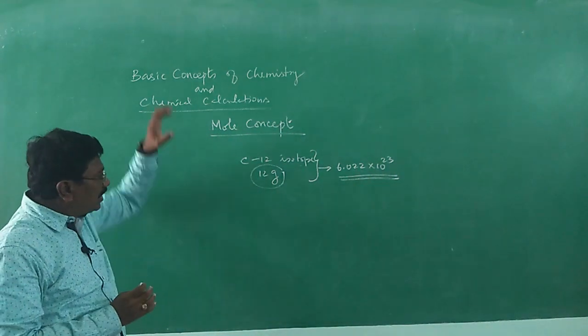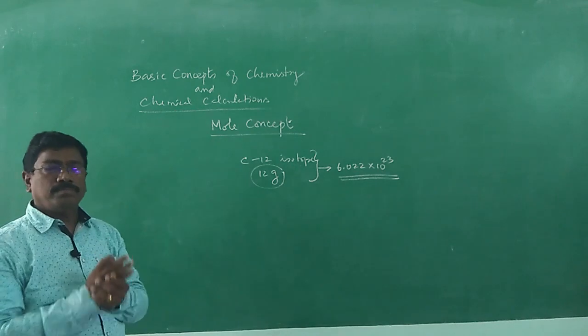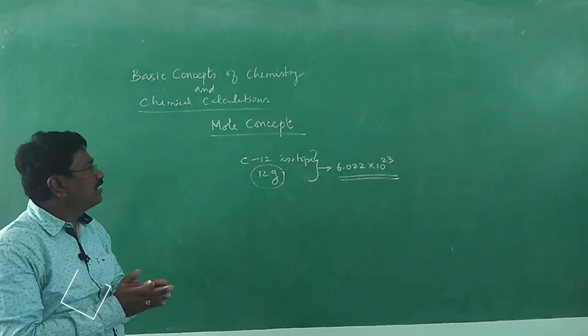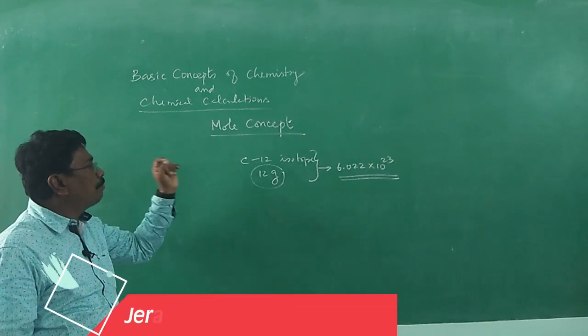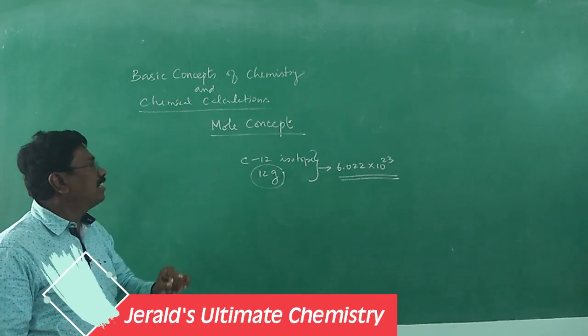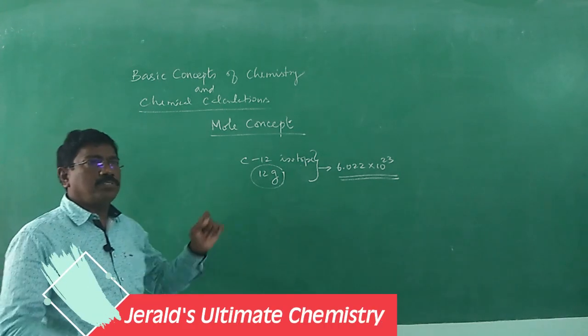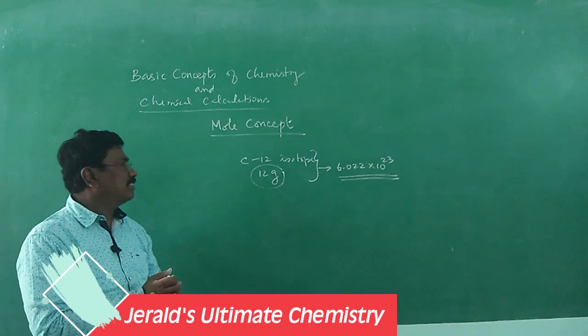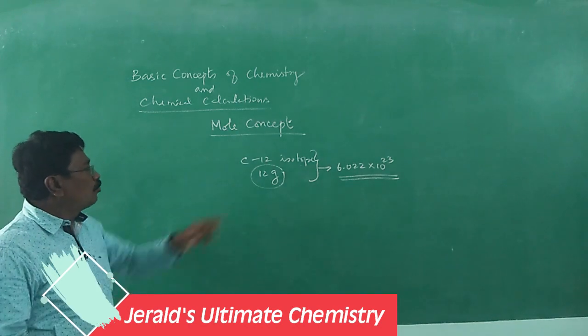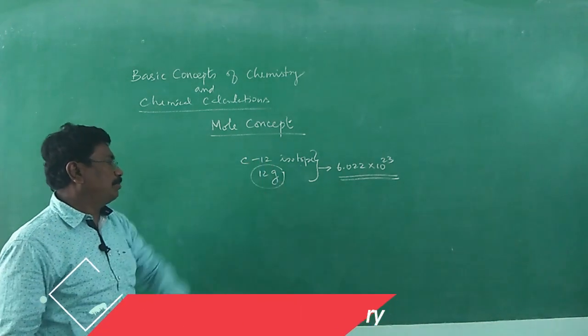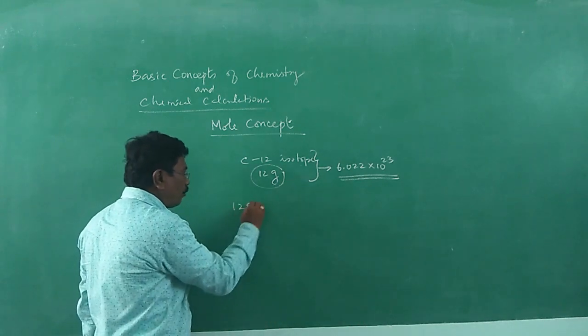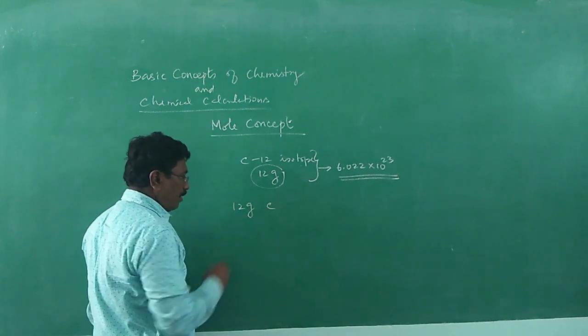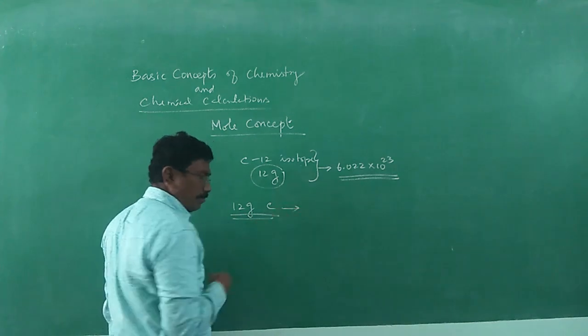So mole is the amount of substance of a system which contains as many elementary particles as there are atoms in 12 gram of carbon 12 isotope. If you take 12 gram of carbon, in that we will be finding a certain number.